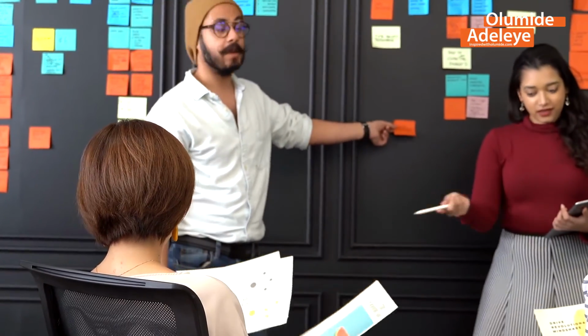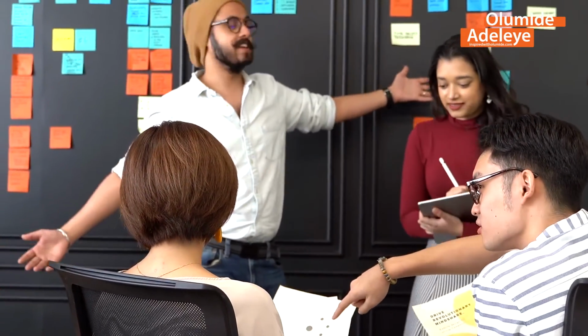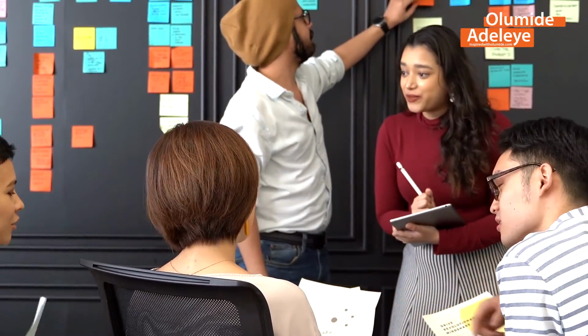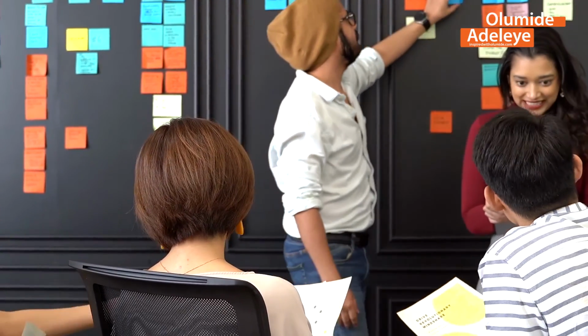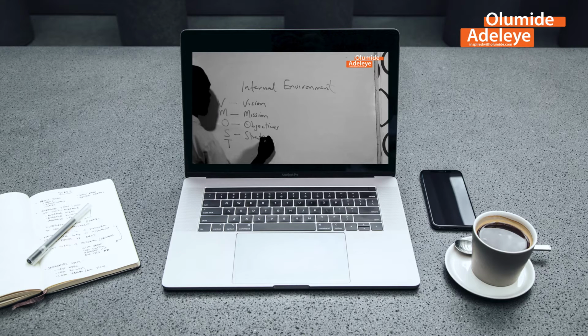If you're looking at the internal environment, for instance, you want to understand how introducing this change or this product fits into the organization's mission or vision. How does it help the organization to achieve its goals and things like that? So you want to make sure that there is feasibility with regards to the business.